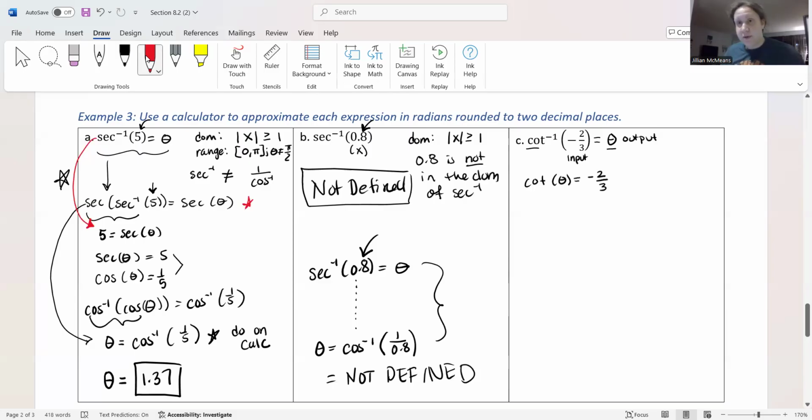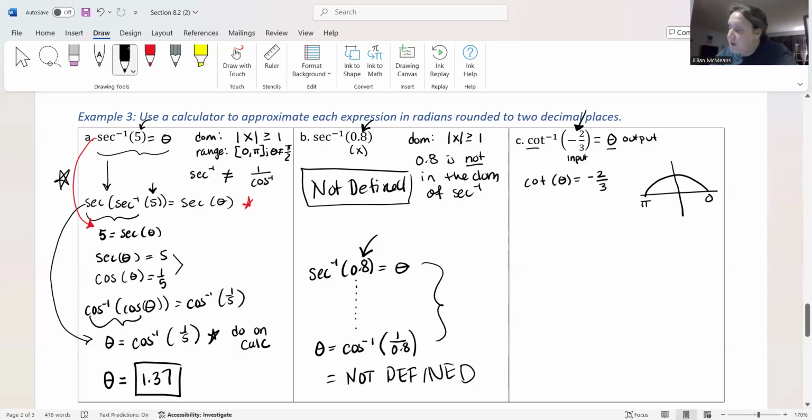But then what? We can't suddenly rewrite this as a cosine because cosine and cotangent are not reciprocals of each other. Instead, we draw a triangle, okay? So let's think about a couple of things. First of all, when we're dealing with inverse cotangent, we know that our range restriction is from 0 to pi, okay? So thinking about cotangent, where are the ratios for cotangent negative, because our input here is some negative ratio.